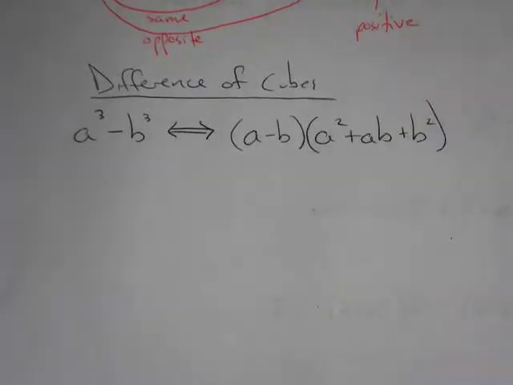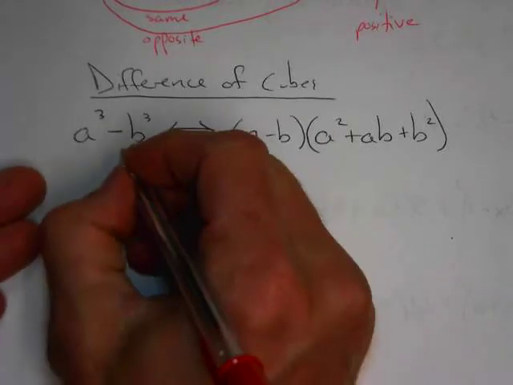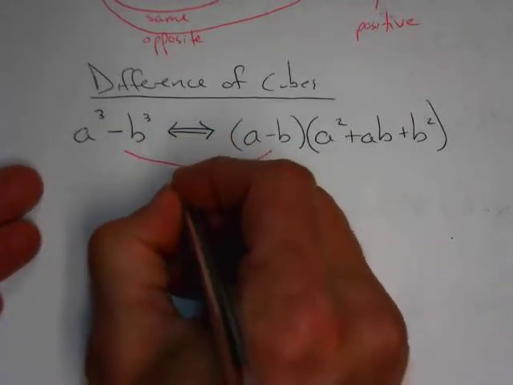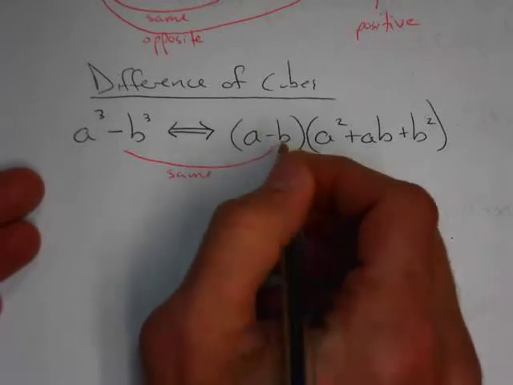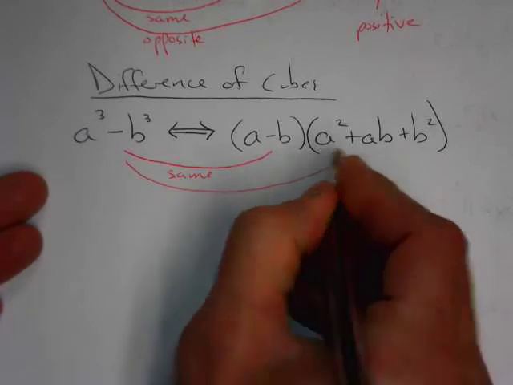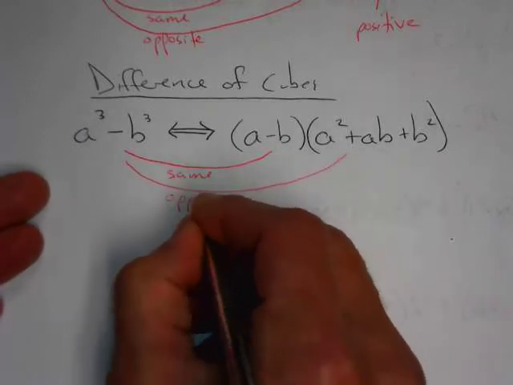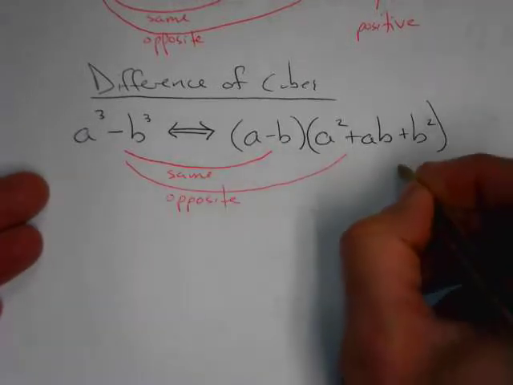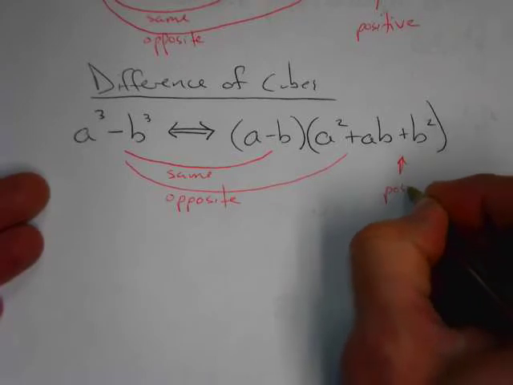So it's the same format, but now we have a shortcut to remember sums and differences of cubes. We notice that the sign stays the same for the first factor, and then inside the second factor we have the opposite sign, and then this one is also positive.